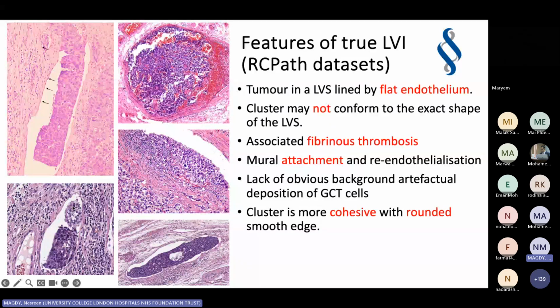The tumor cluster may not conform to the exact shape of the vessel, and there may be associated fibrinous thrombus, and attachment to the wall of the vessel with re-endothelialization, which is a growth of endothelial cells over the tumor group within the vessel, and also a lack of background artifactual deposition of germ cell tumor cells. And the tumor group within the vessel is very cohesive with rounded edges, like in this picture.